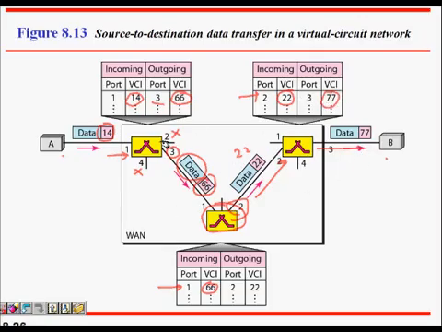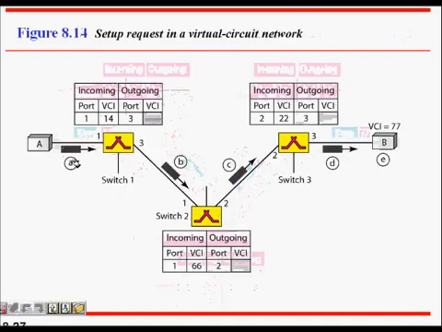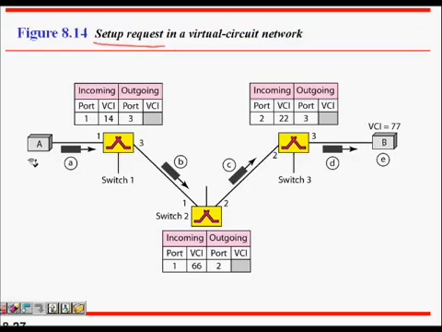Now you may ask how these tables are allocated. This is allocated in the setup phase. So this is the setup request. As in a datagram network, initially I'm sending a packet to destination B. Now this packet goes here and A decides the link VCI for this one.